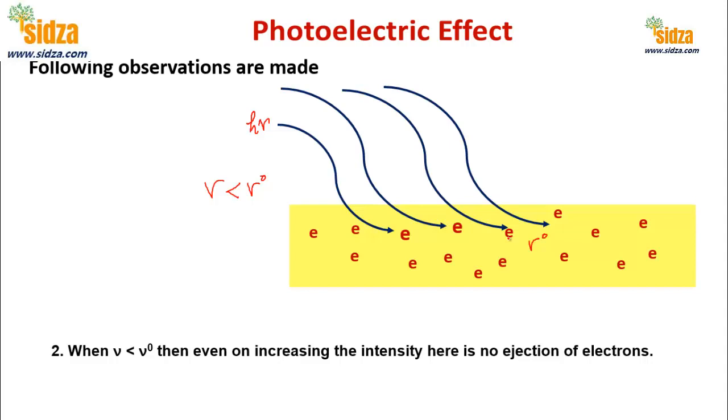So you need a particular radiation whose frequency must be equal to, or greater than, the threshold frequency. Only then can the electrons be ejected.